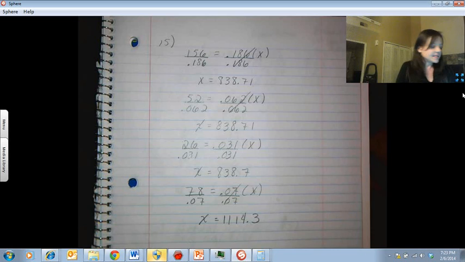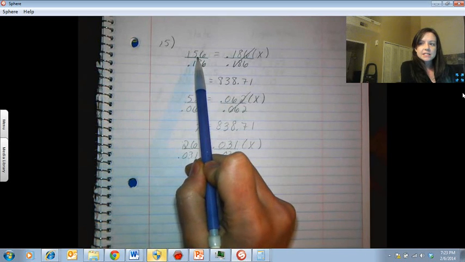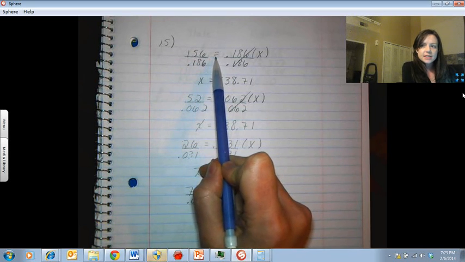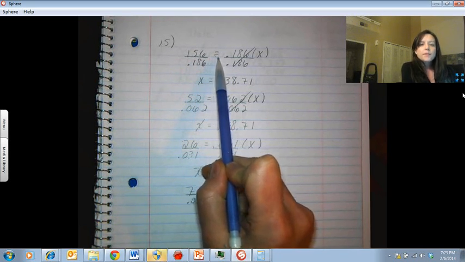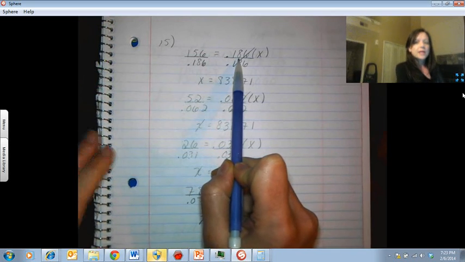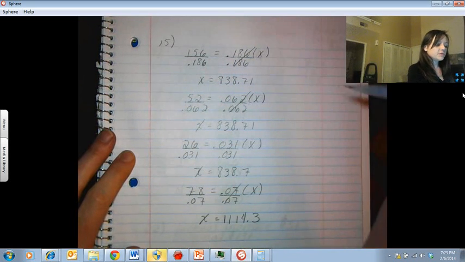It says he has 156 Spider-Man. So we want to know 156 is, I'm just going to read it in English, "is" means equals, 18.6%, but if you write percents as a decimal, it's 0.186. So you move the decimal twice.